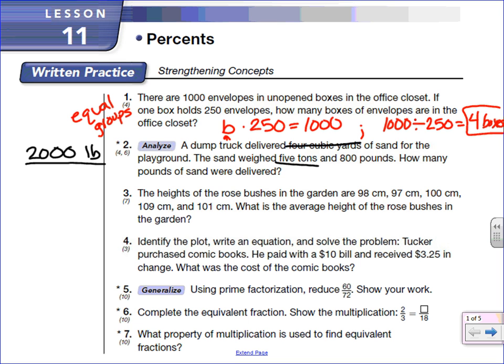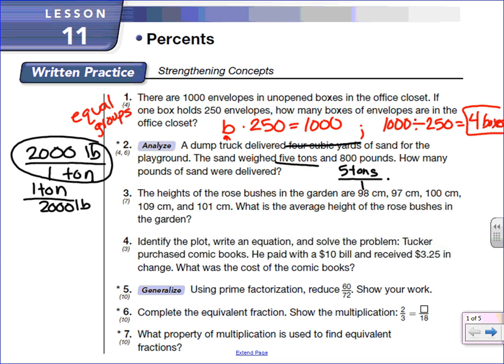So you can have 2,000 pounds over 1 ton, or you could have 1 ton over 2,000 pounds, depending on what you're doing. So we're going to have 5 tons over 1. Since tons are on top here, we're going to choose the fraction that has tons on the bottom, so it cancels. So then I'd have 2,000 pounds per 1 ton. Tons are diagonal, so they cancel.